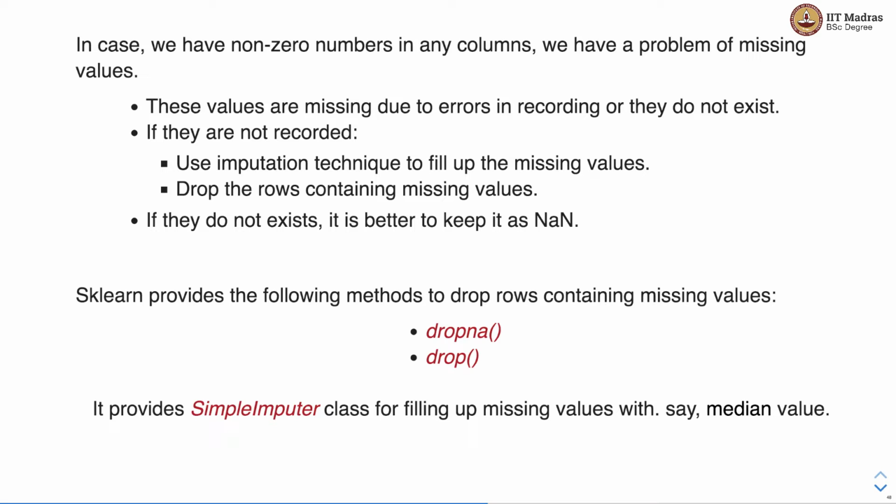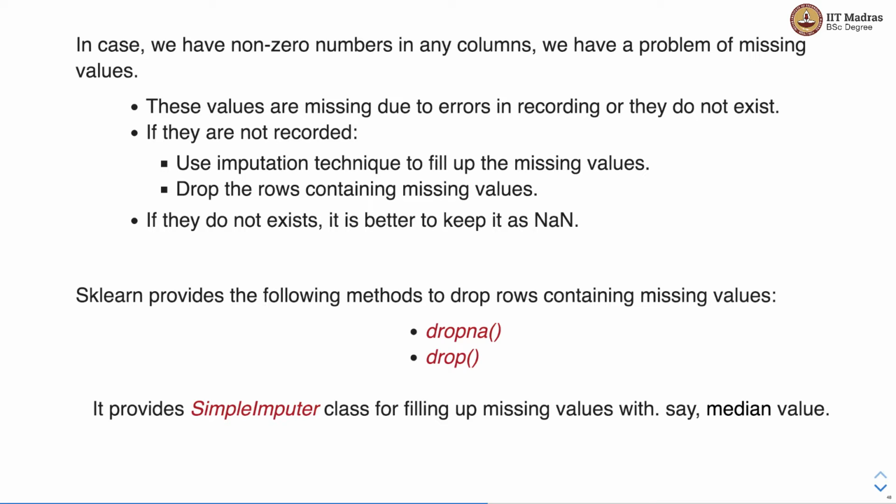But in case of machine learning, the data is scarce and throwing away any data like this could be costly. Hence, we try to use imputation technique to fill up the missing values. scikit-learn provides the SimpleImputer class for filling up missing values.